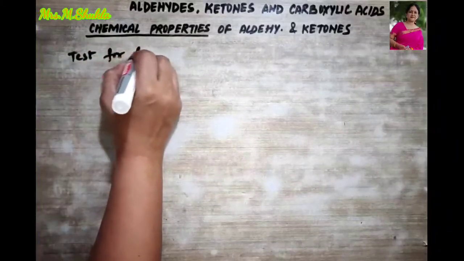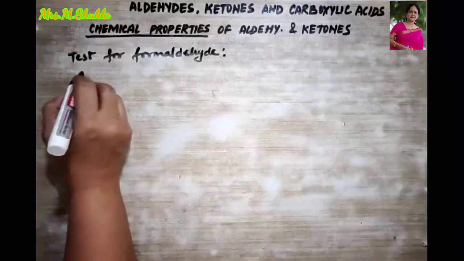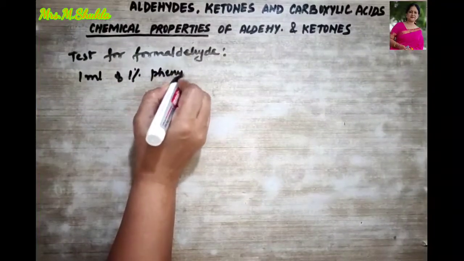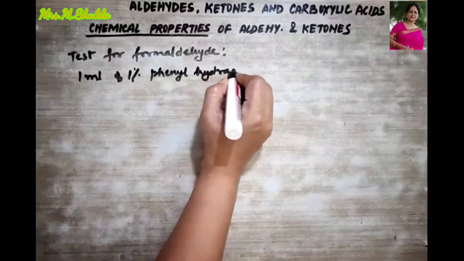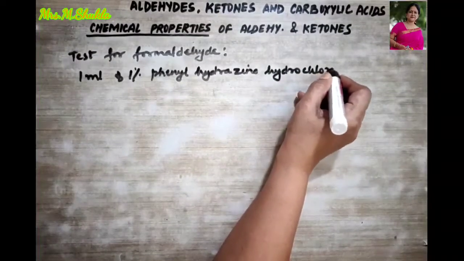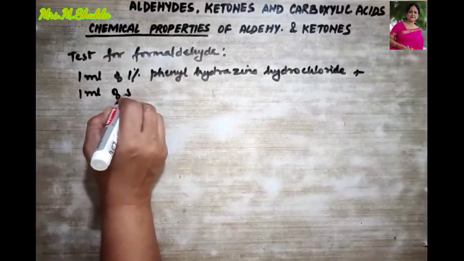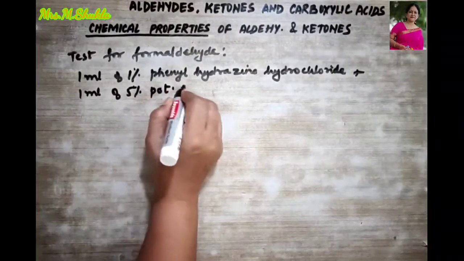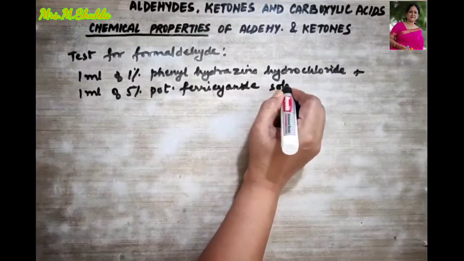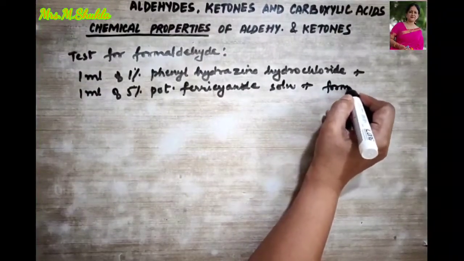Test for formaldehyde. Here, as I said, 1 ml of 1% phenylhydrazine hydrochloride is taken, plus 1 ml of 5% potassium ferricyanide solution, and they are all added to formalin.